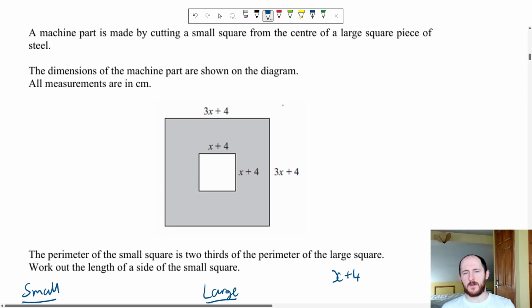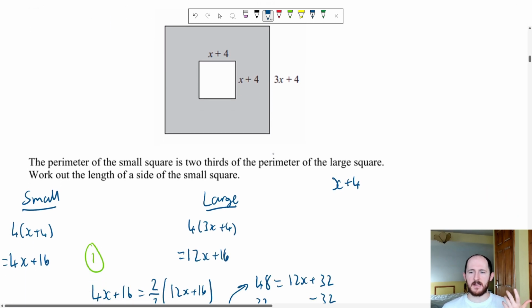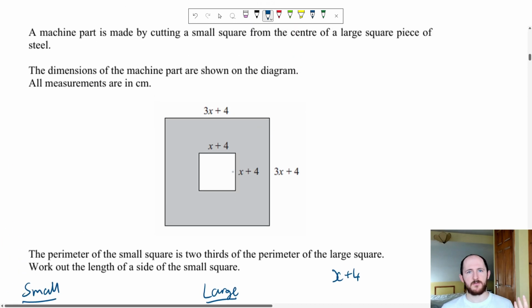The key takeaways, and this is something I really try and hammer home constantly, is they have to give you enough information to do the question. Which means every sentence, there might be some information there. The second thing is they never give you useless information. So you might think, well, this is useless, all measurements are in centimetres. Well, not really, because it is a length, so technically we should have written centimetres.